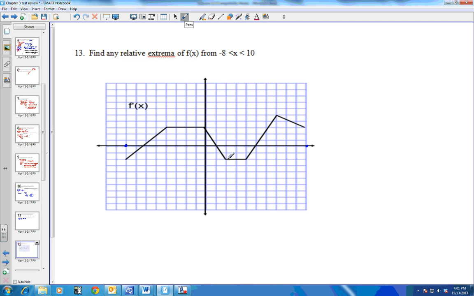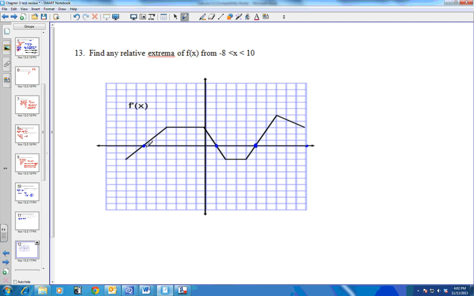So if I'm looking at the derivative, I know I have maxes and mins where it crosses the x-axis, because when my derivative is 0, that's where I have critical points.